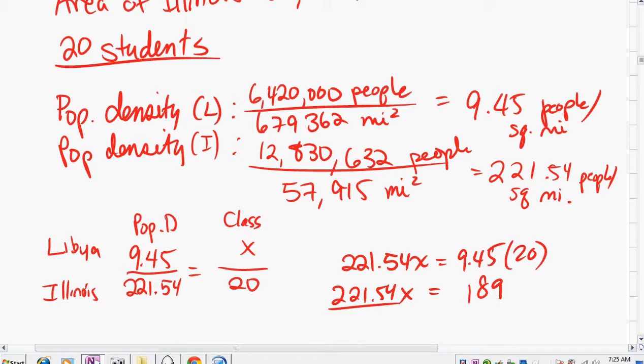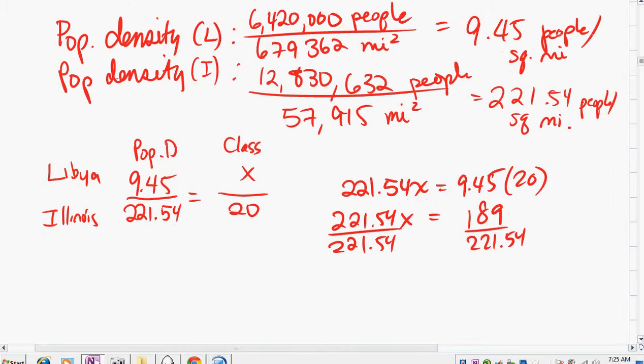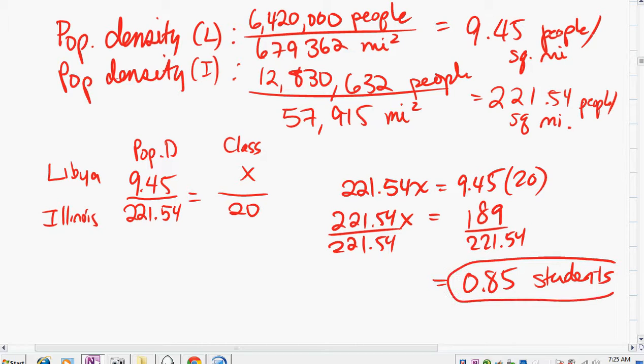So divide both sides by 221.54. And this looks like it'll be less than 1. And in fact it is 0.85 students. So they'd have less than 1 student for the same area that provides me a classroom of 20 students. Pretty crazy.